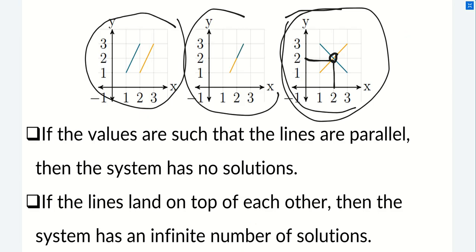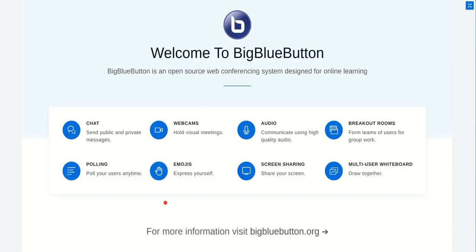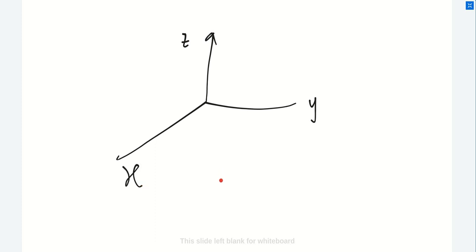But let me switch to this. With 3D, we all know 3D. This is my Z, this is my Y, this is my X. Now, if I plot lines here, it's going to be a little bit complex for me, but let me try.